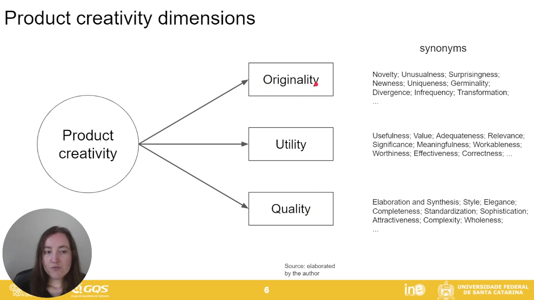Originality refers to a product's level of surprisingness, newness, uniqueness, etc. Utility measures the extent to which a product meets the practical needs of a problem situation, and quality considers the aspects of style, attractiveness, complexity, completeness, etc.